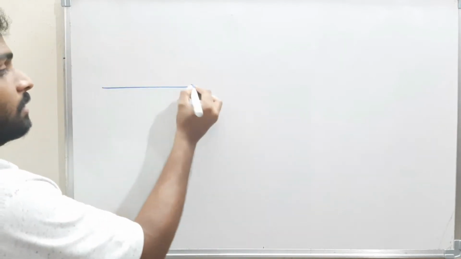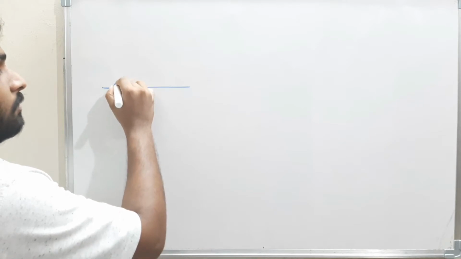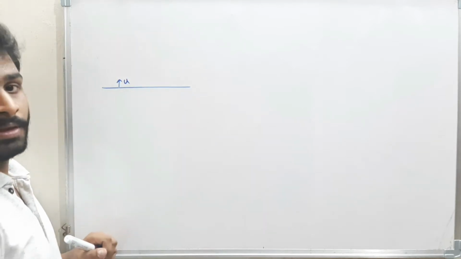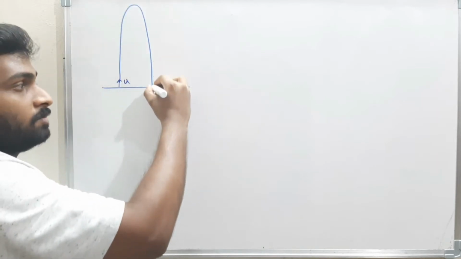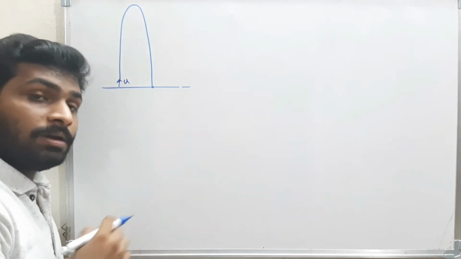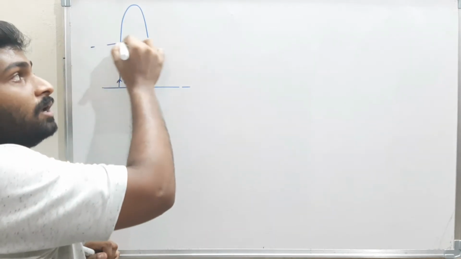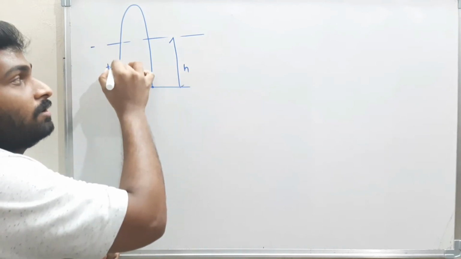Okay, now see here. This is a surface and the body is projected with a velocity u, and the body comes back to the ground. Now the time taken by the body to reach a certain height h is t1.